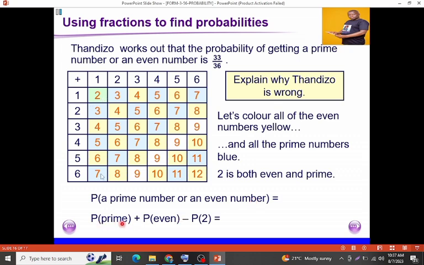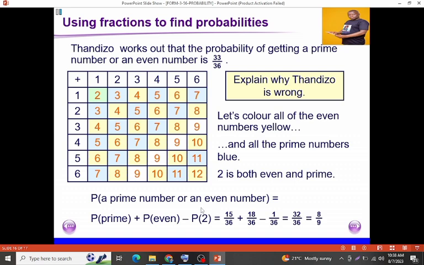So the probability that it is a prime number plus the probability that it is even must exclude the probability that it is a 2, because the 2 is appearing in both categories. So the result will be 15 out of 36 for prime numbers, and you add this to 18 over 36 for even numbers. So you subtract the probability that it is 2.